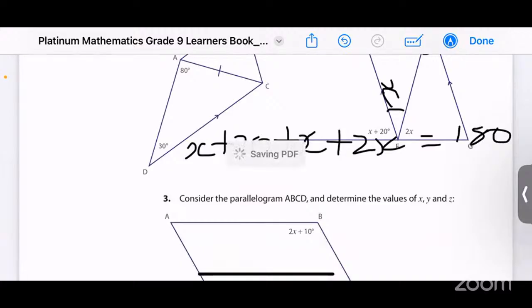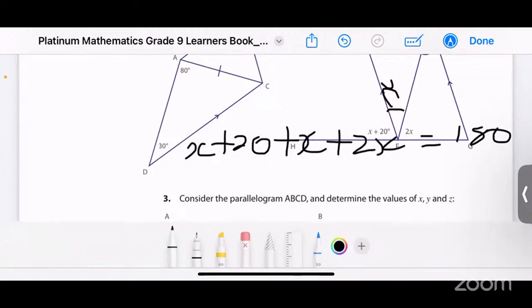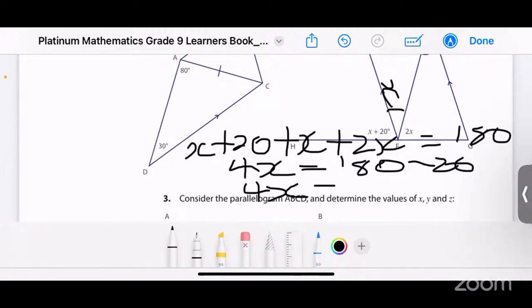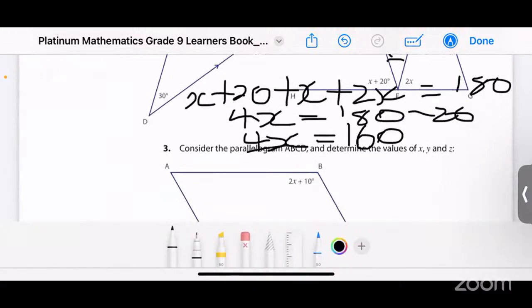So we have got 2X, 3X, and 4X, which is equals to 180 minus 20. 4X is equals to, what is 180 minus 20? It gives us 160, ne? We divide both sides by 4.